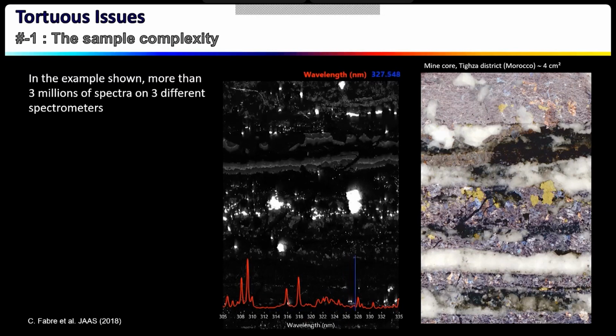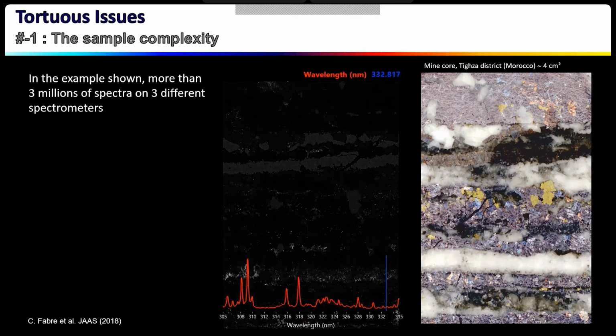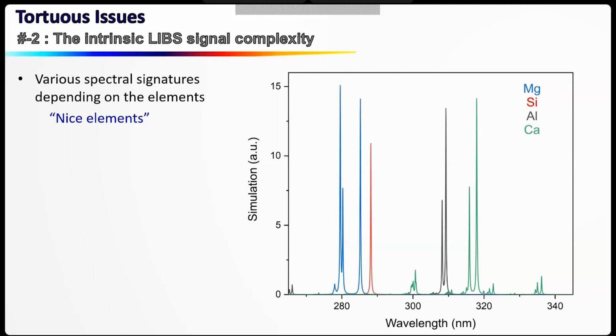As you can see, there are a lot of images. Sometimes at one wavelength there is superposition of several contributions, which means you have spectral interference and so on. And it was a pure coincidence, but the last picture here shows the distribution of rare earth elements, yttrium and lanthanum. So the sample is complex, first point.